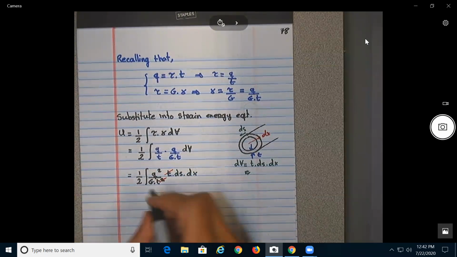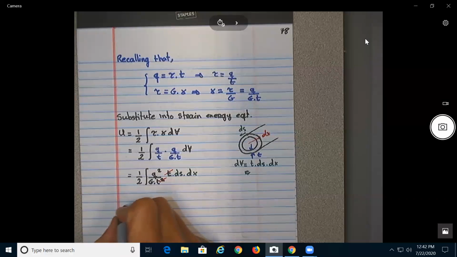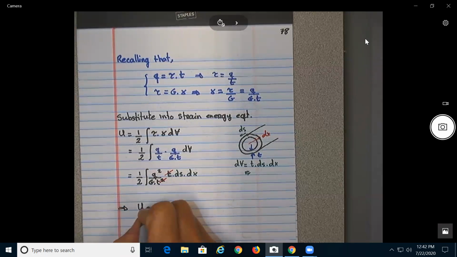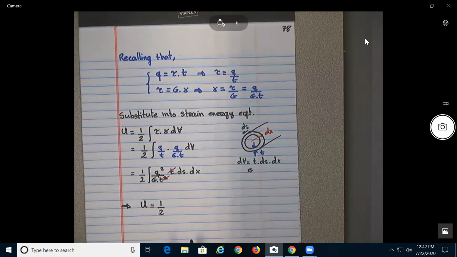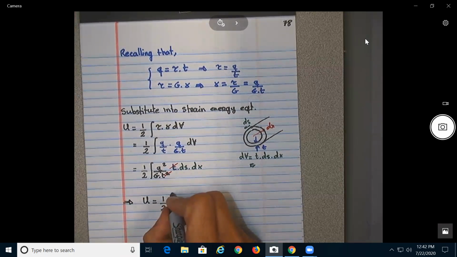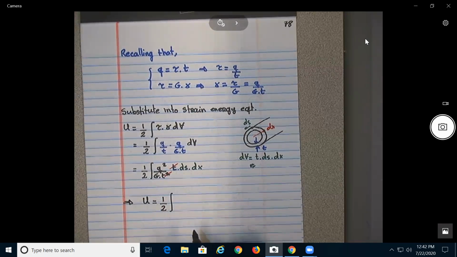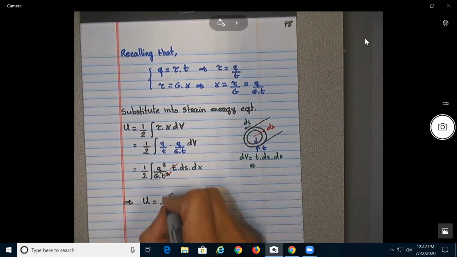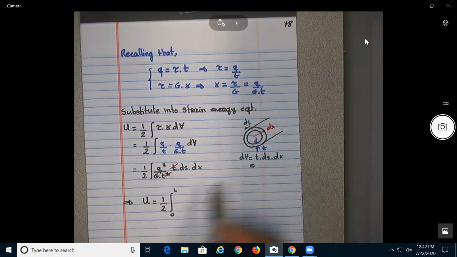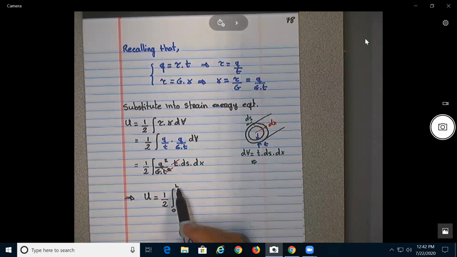So now be careful because I'm going to rewrite this a little bit differently. So it's equal to 1/2. This is the double integral, so you need to integrate first between 0 and L. That would be the length of your beam, no?